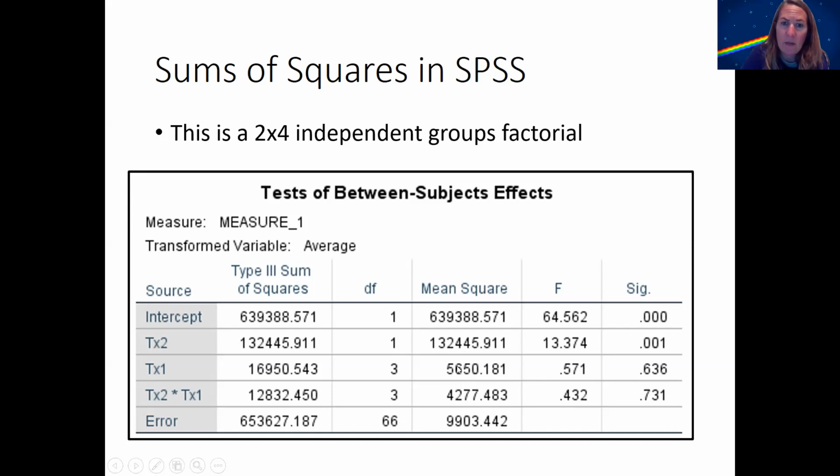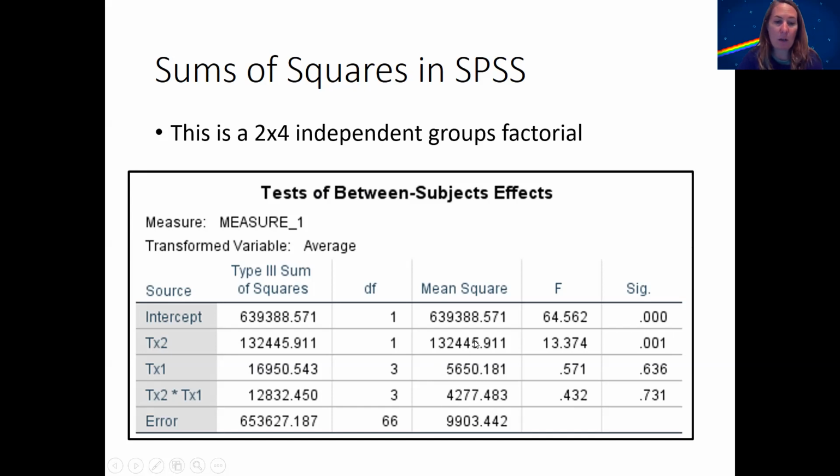Notice here that this number, 5,650, is smaller than your denominator. Notice this too, that the interaction term's mean square is 4,277, and it is smaller than this. And you can see this numerator here for your treatment 2 is quite large compared to this.